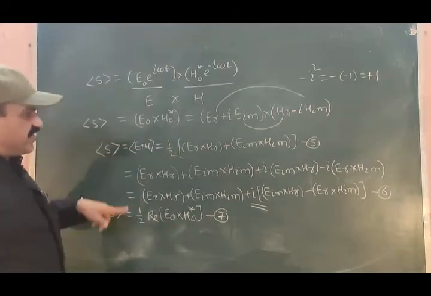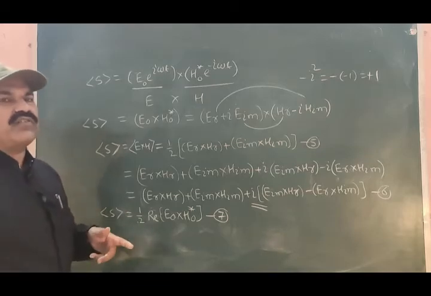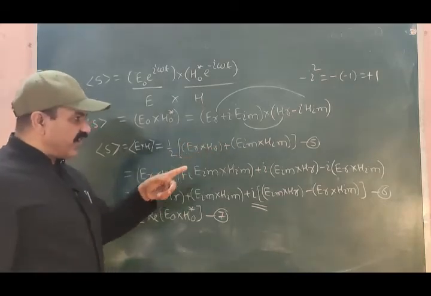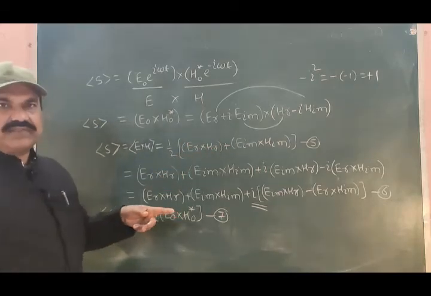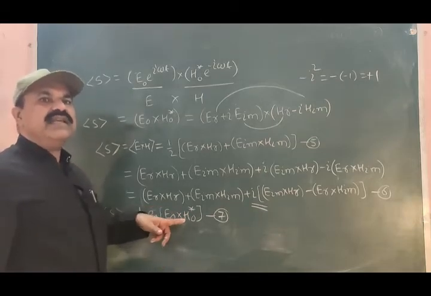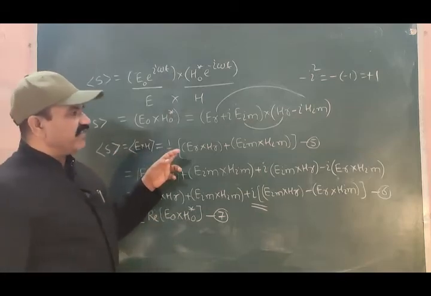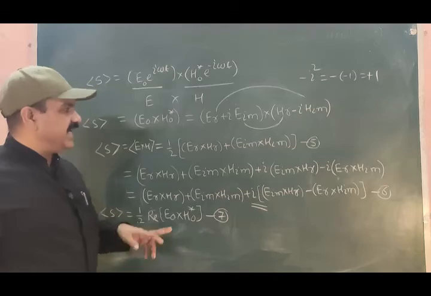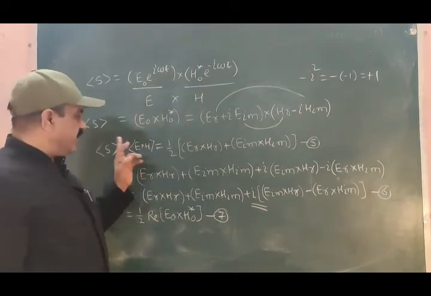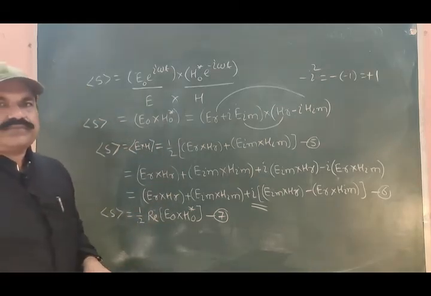So this is the way of expressing the time average of the Poynting vector in equation 5 and in equation 7. In equation 7, the conjugate complex part is used for the magnetic field. In equation 5, the conjugate complex part is not used. Actually, equation 5 and equation 7 are both the same.